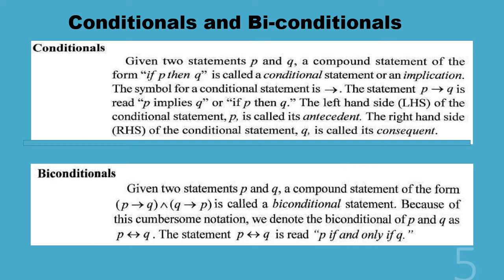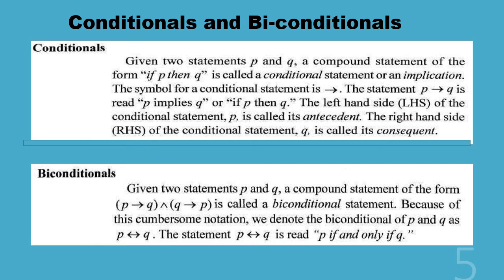The symbol for the conditional statement is the arrow pointing to the right. The statement P arrow Q is read P implies Q, or if P, then Q. The left-hand side of the conditional statement, which we represented as P here, is called the antecedent. The right-hand side of the conditional statement, which we have as Q, is called the consequent.